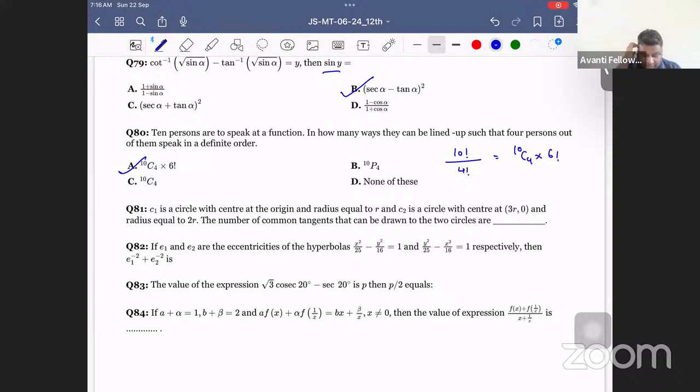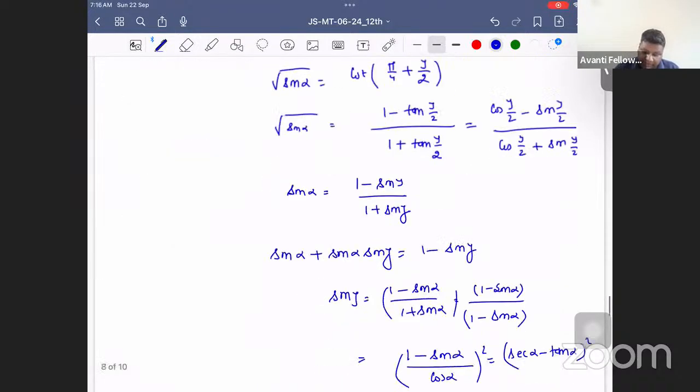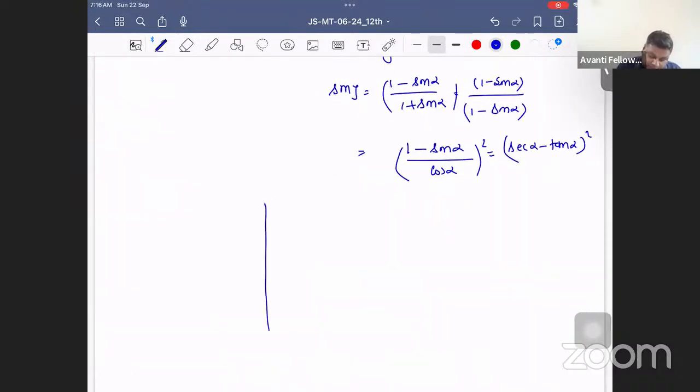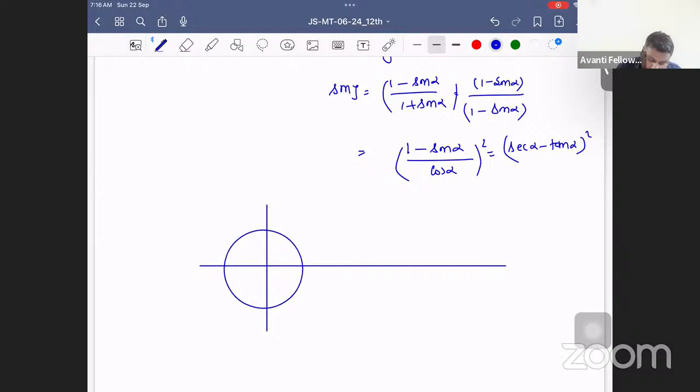Now, C1 is a circle with center at origin and radius R. C2 is a circle with center at 3R and radius 2R. The number of common tangents for the two circles? Now see, one is having center at origin with radius R, the other is having center at 3R and radius 2R. So it is like this. That means they are touching each other externally.